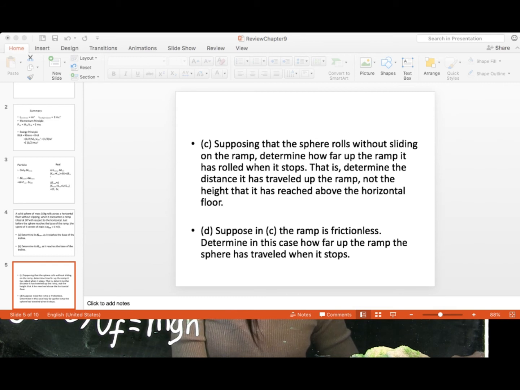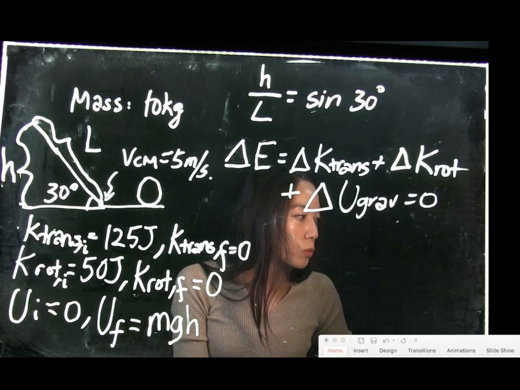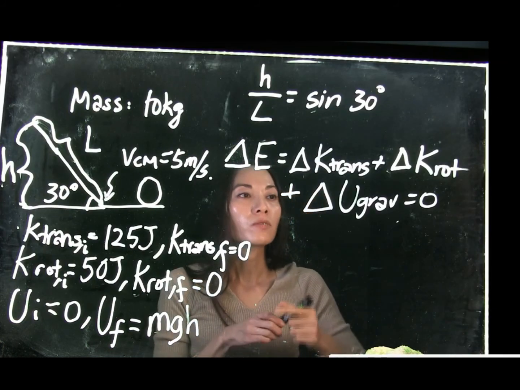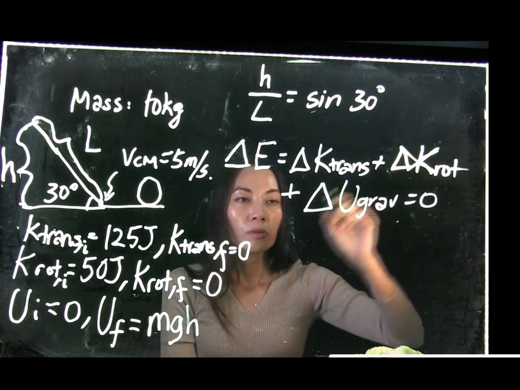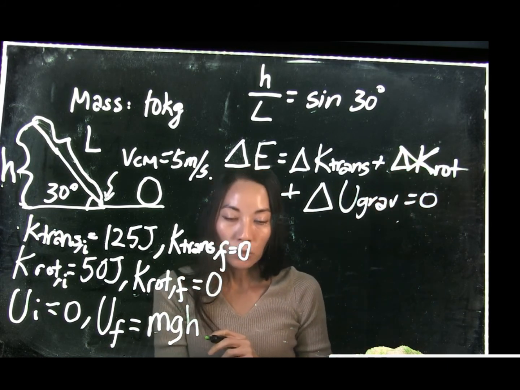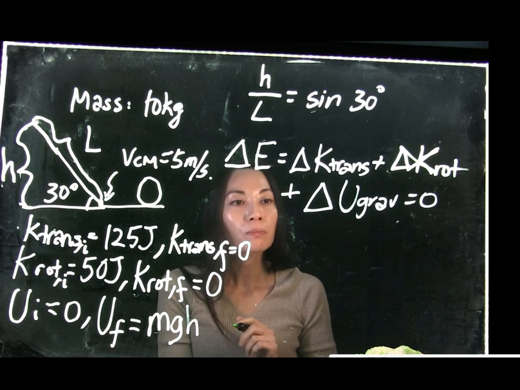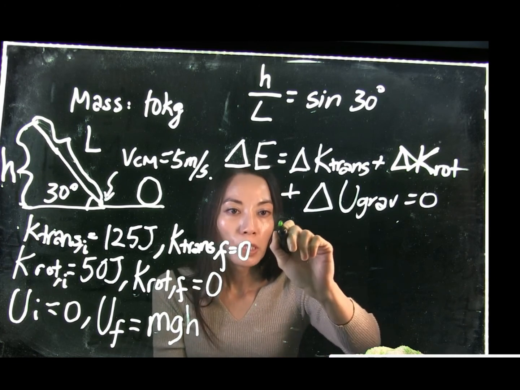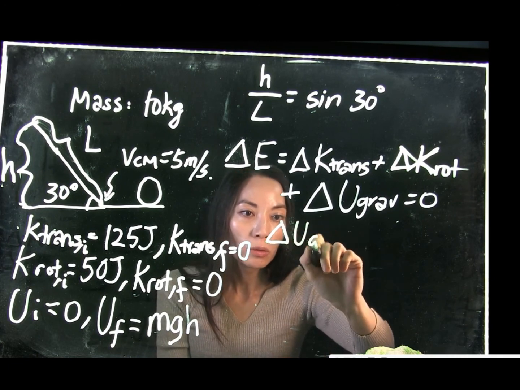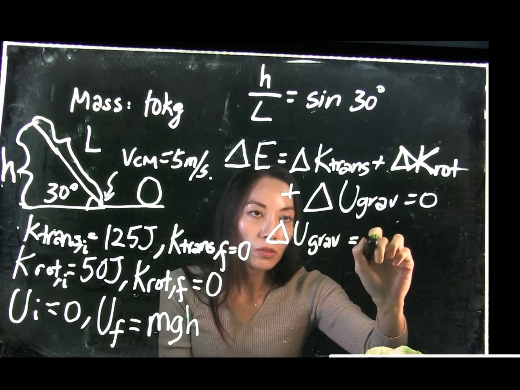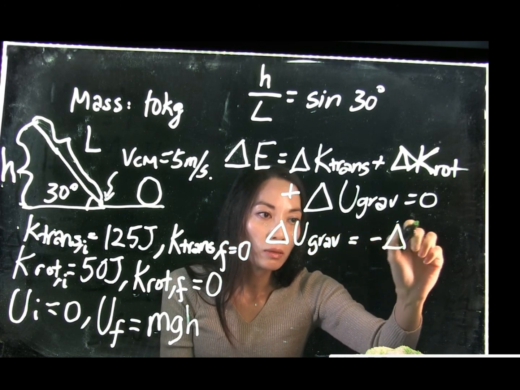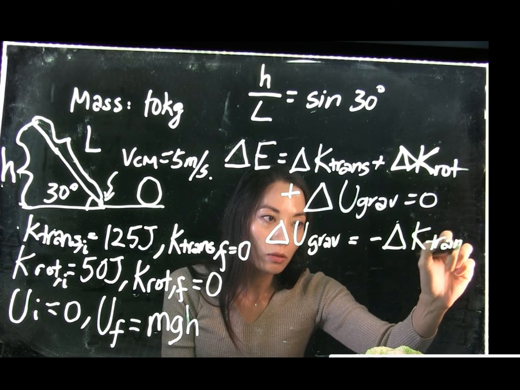And so in this case, determine how far up the ramp the sphere has traveled. Without friction, the sphere is unable to roll, so there's only translational motion going up the ramp.